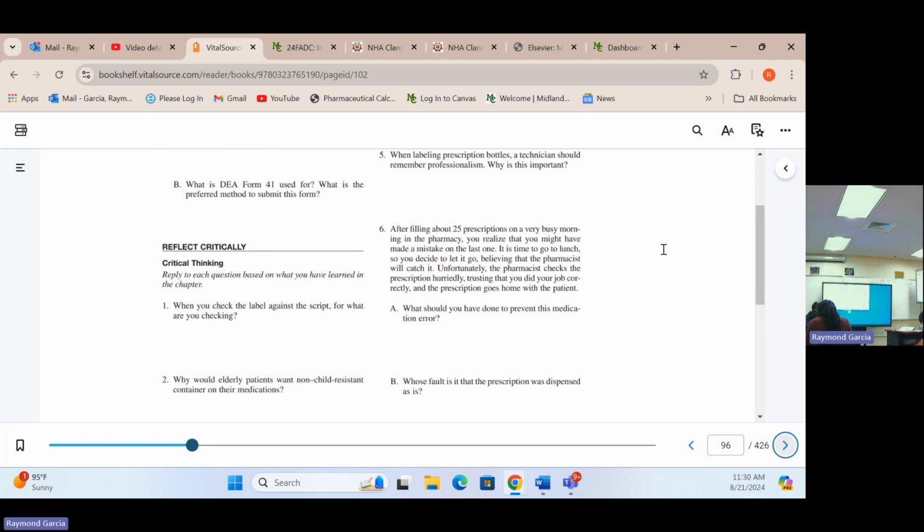What should you have done to prevent this medication error? You should have told the pharmacist. Always check and consult with the pharmacist to help ensure the safety of the patient.